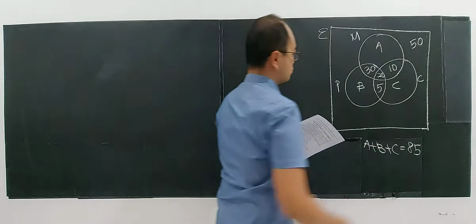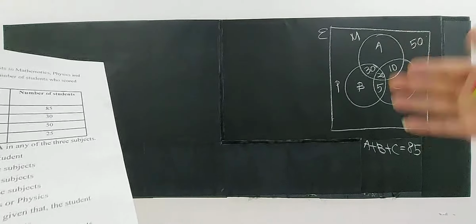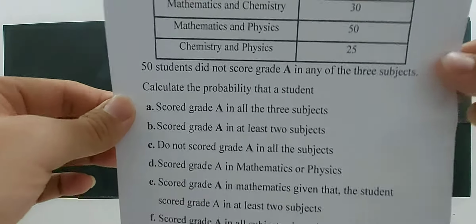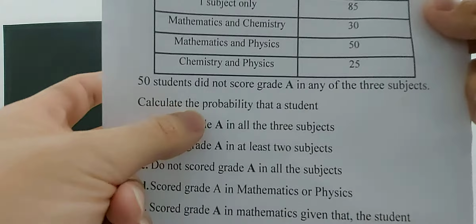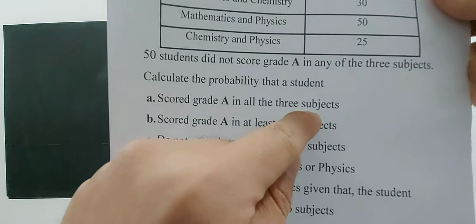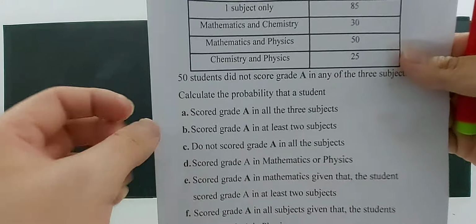All this information is enough to help me use this Venn diagram in solving the probability problem for this question: calculate the probability that a student scores grade A in all subjects. With the Venn diagram, it's a lot easier. So score grade A in all the 3 subjects.